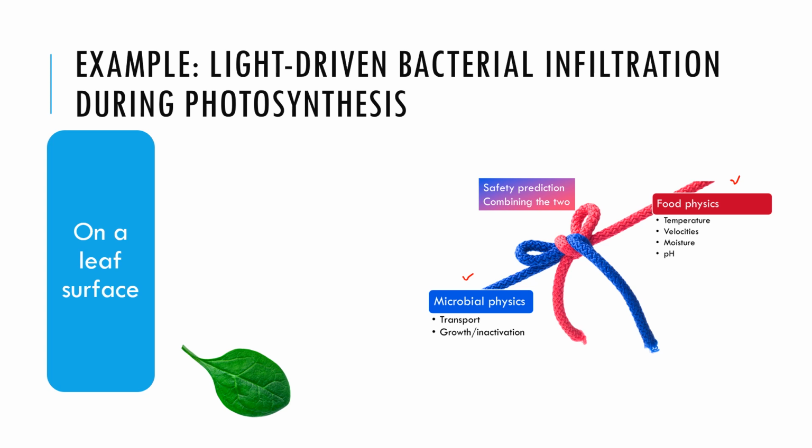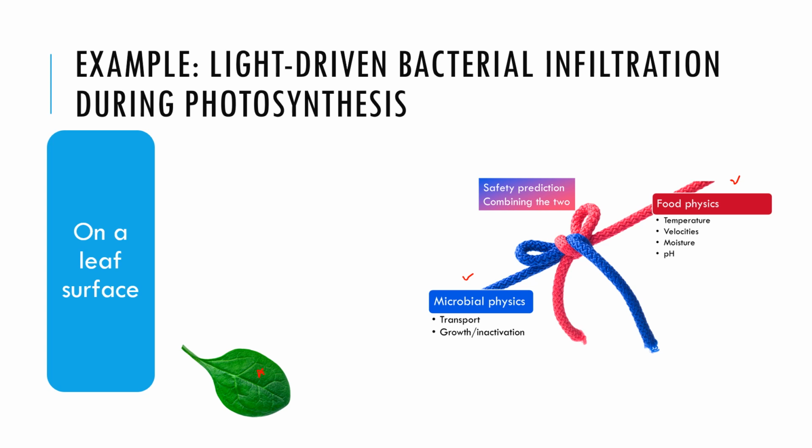On a leaf surface, if we happen to have bacteria, that bacteria can migrate inside the leaf, and once it goes inside the leaf, it's very hard to get rid of it. So in this case, understanding and controlling this safety situation is very important.